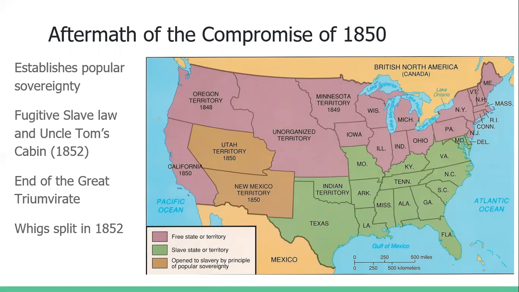This is referencing Henry Clay from Kentucky, Daniel Webster from Massachusetts, and John C. Calhoun of South Carolina. They are the guys who have been writing the vast majority of all these compromises between the North and the South, between pro-slavery and anti-slavery. They've been trying their best to keep the country together despite it wanting to split itself apart.